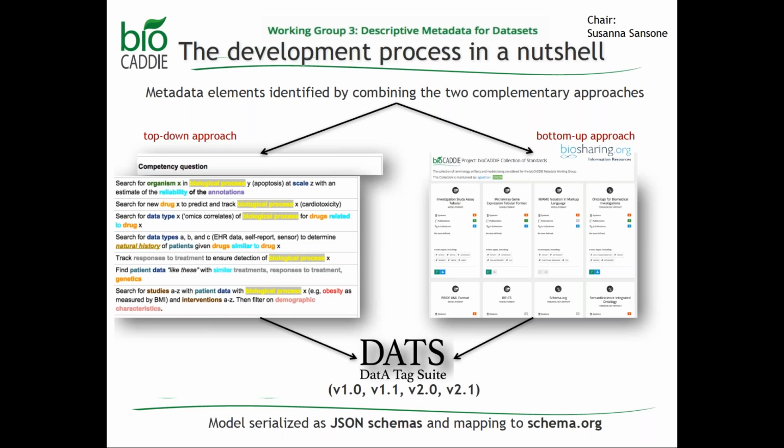Meaning that at one point, once that specification is very well understood, data producers can submit metadata to Biocaddy in the same way that journal publishers submit data to PubMed.